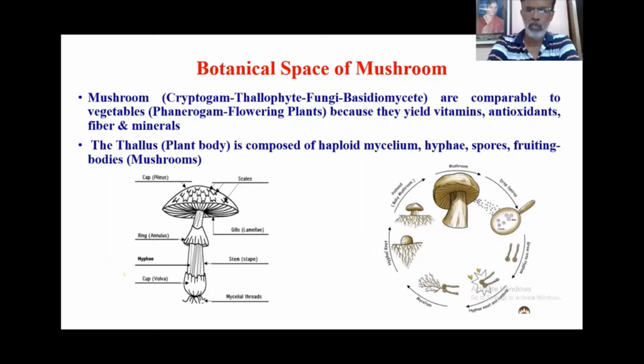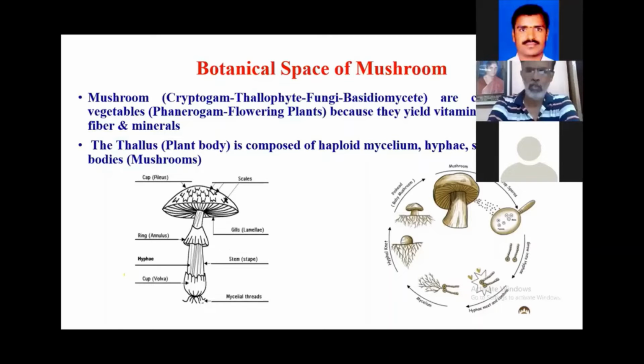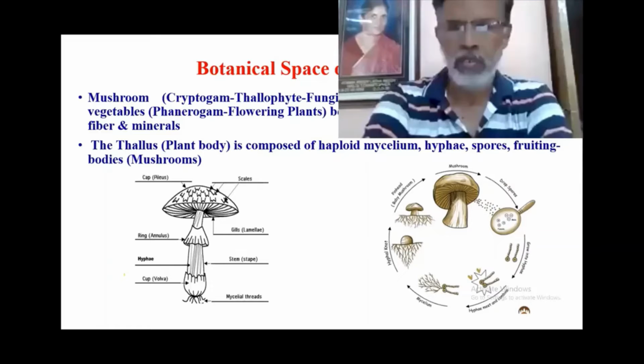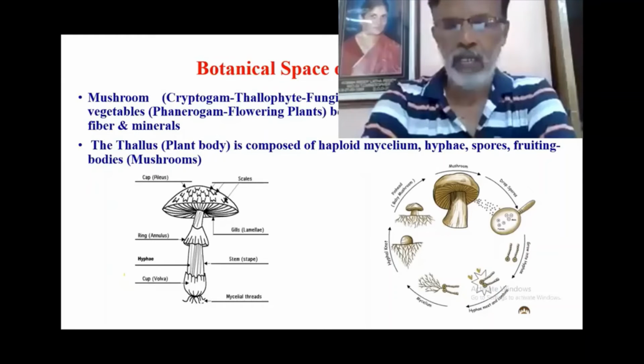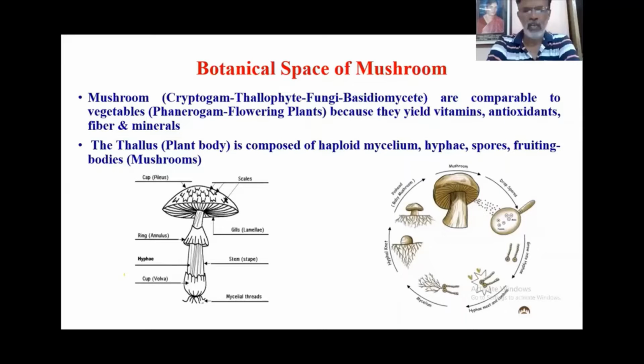And as Sunita Madam was telling, it is also a low-calorie food that is grown in the forest, in kitchen garden material, etc. So when you talk of mushroom, we should realize that despite not being a flowering plant, it provides us a host of materials. Through my slides, I'm presenting what host of materials it can provide to humanity, to mankind.